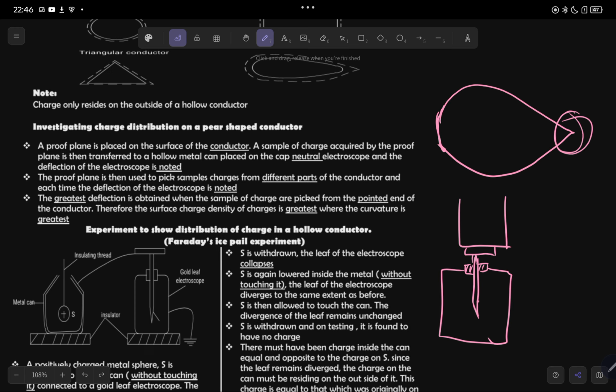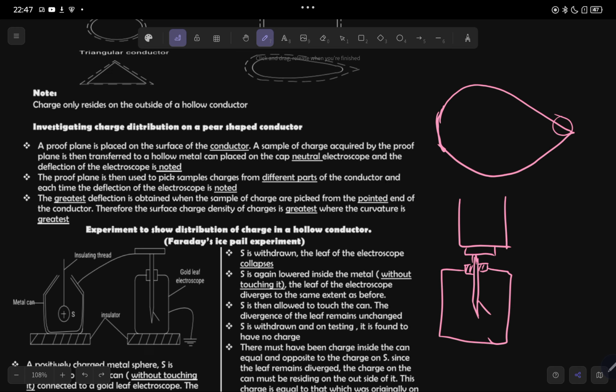This one has the gold leaf. When you bring your proof plane, which is made of conducting leaves attached to an insulator, and place it at a point, it will pick a sum of the charge, but that charge is proportional in magnitude to the quantity of charge at that point.